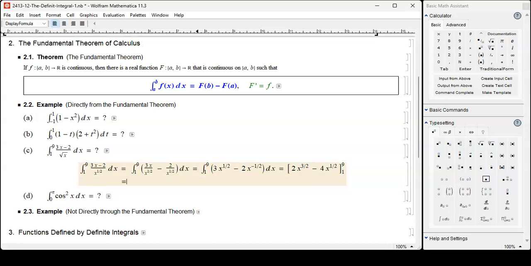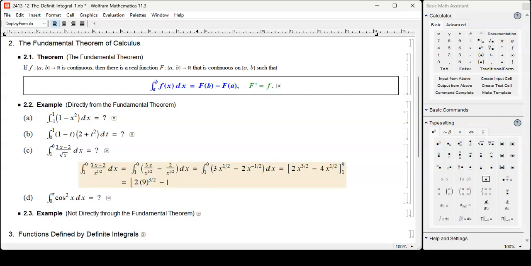Okay, plug in 9, we get 2 times 9 to the 3/2 power, minus 4 times 9 to the 1/2 power. And then if you plug in 1, 2 times 1 to the 3/2 power, minus 4 times 1 to the 1/2 power, that's what you're going to get.